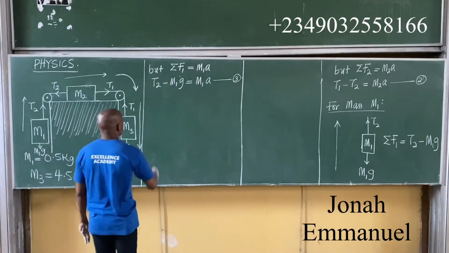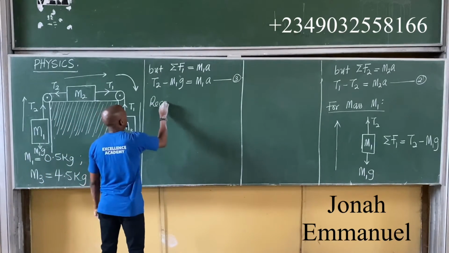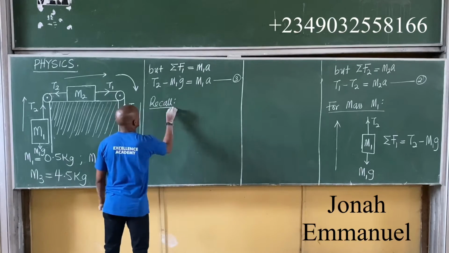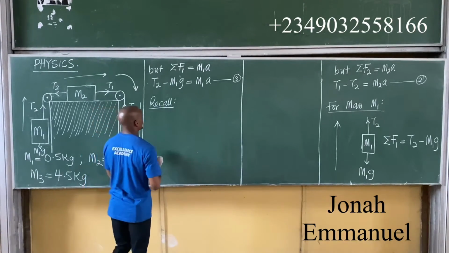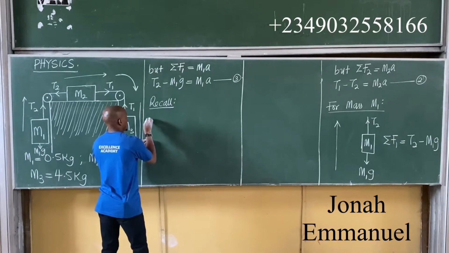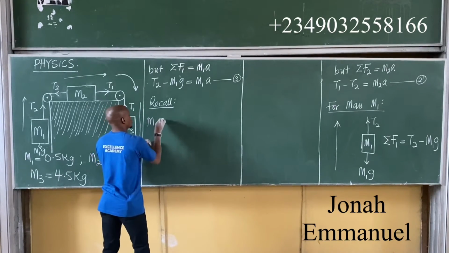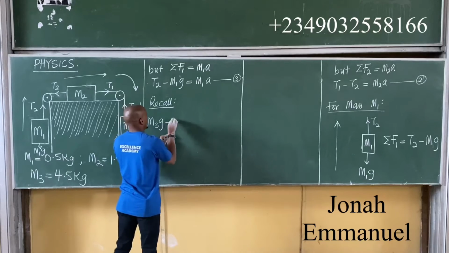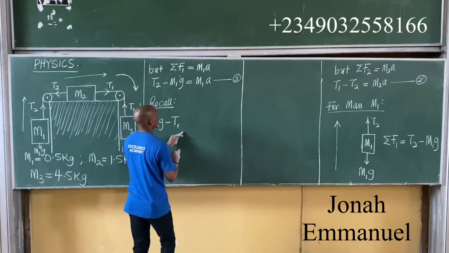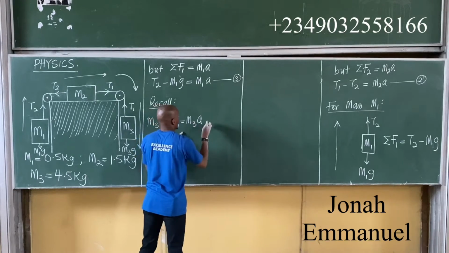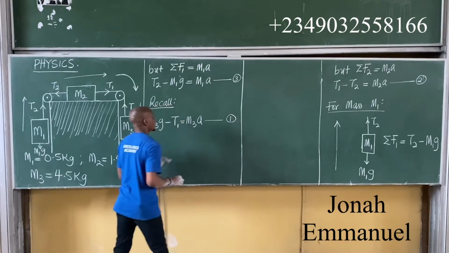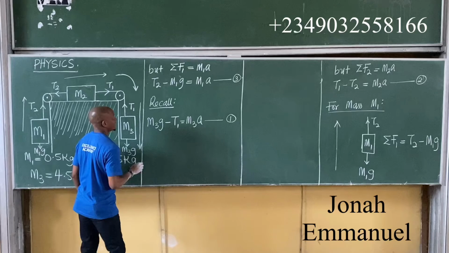Next up, let me recall all 3 equations. Give me equation 1. What do we get there? M3G minus T1 equal to M3A. Here was my first equation. Give me equation 2. What did I get there?